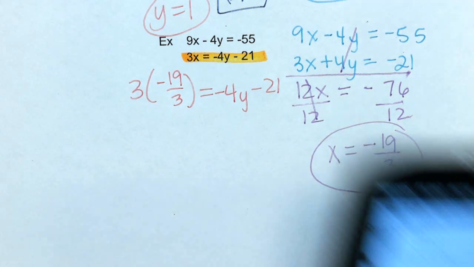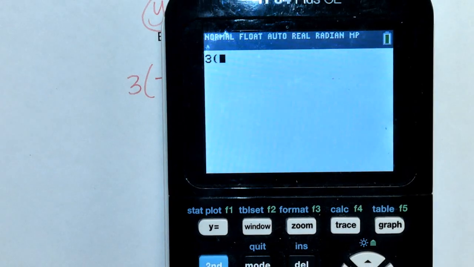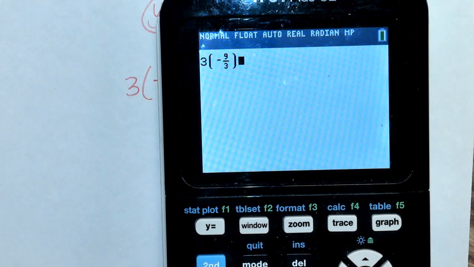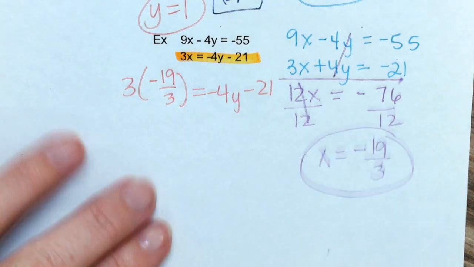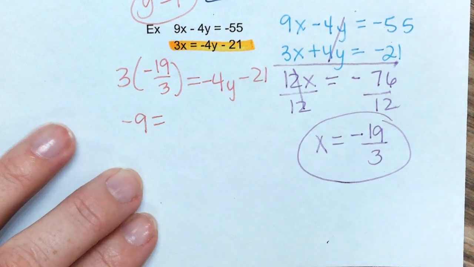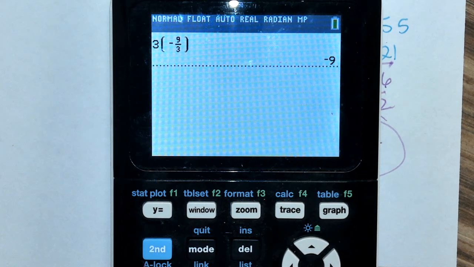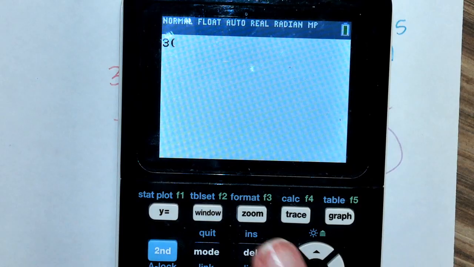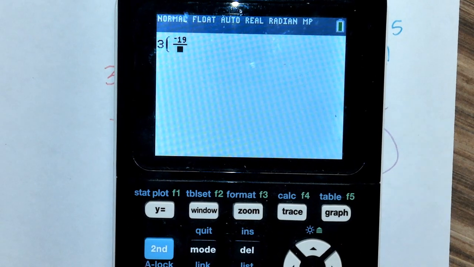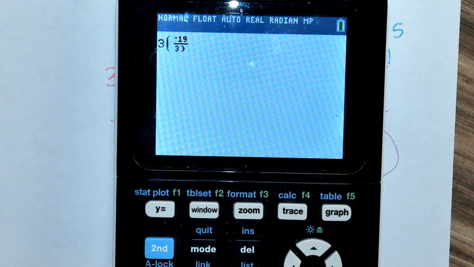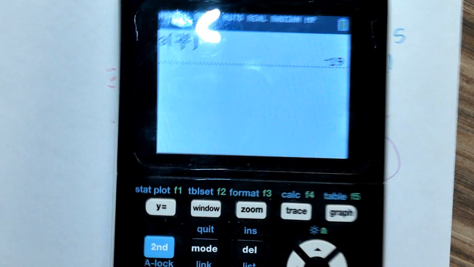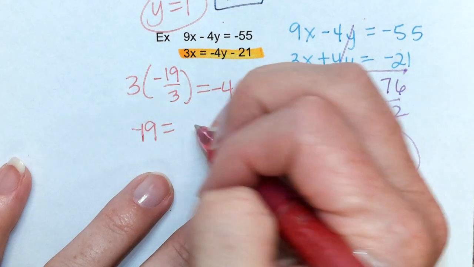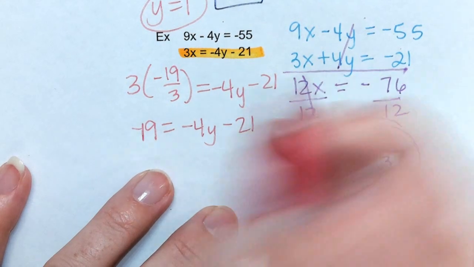Okay, so I'm going to do 3 times negative 19 thirds, which is negative 19. Equals negative 4y minus 21.